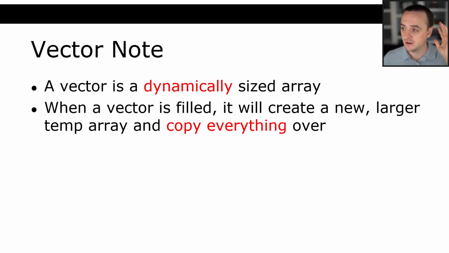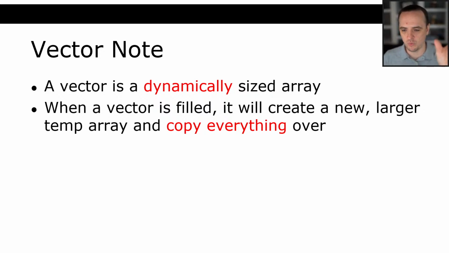Once I put my 11th thing into the vector, well, now that vector is full. I can't just add memory to the end of it. That's not how it works. That memory might not be available for me, and there might be other variables there, etc. So I have to go to the heap. I have to say, okay, maybe let's double the size of the memory.